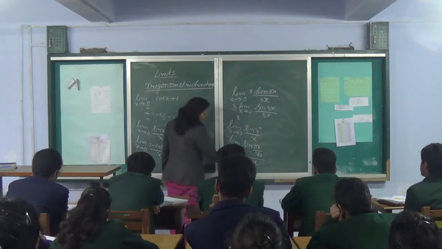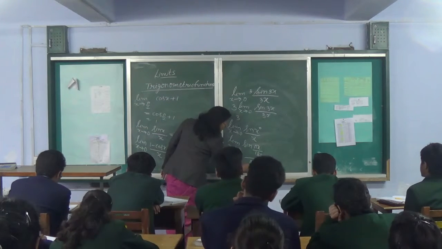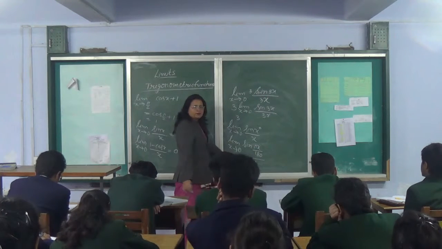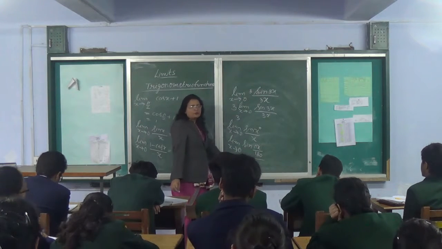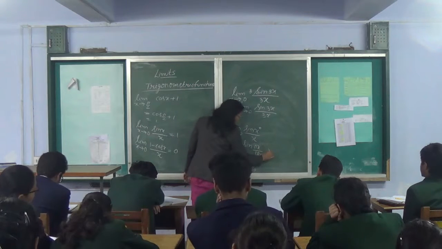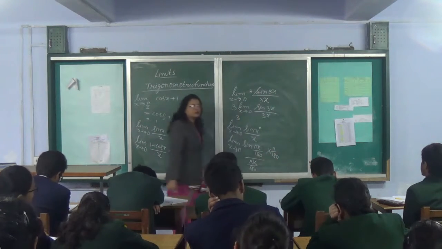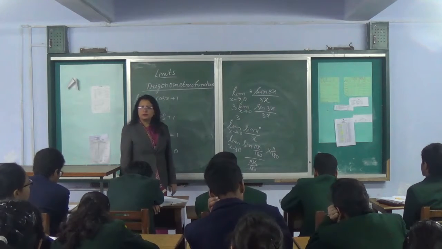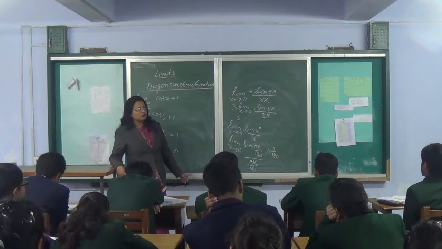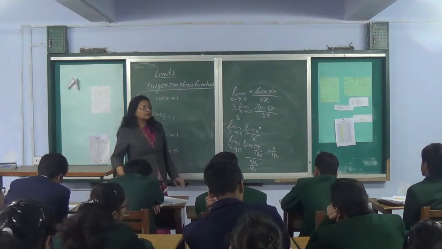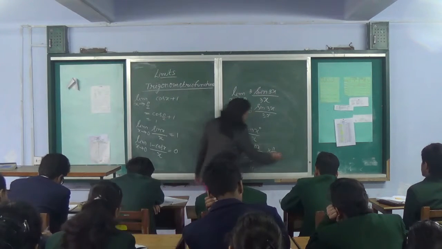So I will have to take the same quantity over here, right? And when I multiply the denominator by this, I will have to multiply the numerator also by this quantity. Now pi by 180, it is a constant, it is a scalar, right? So what will be the answer? Pi by 180.